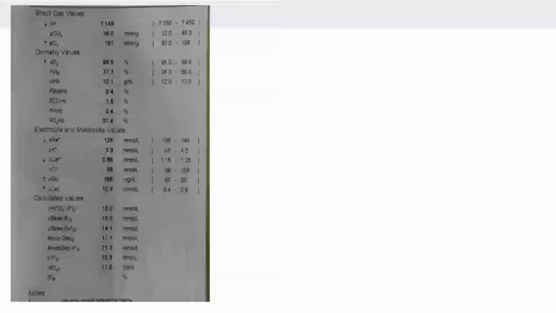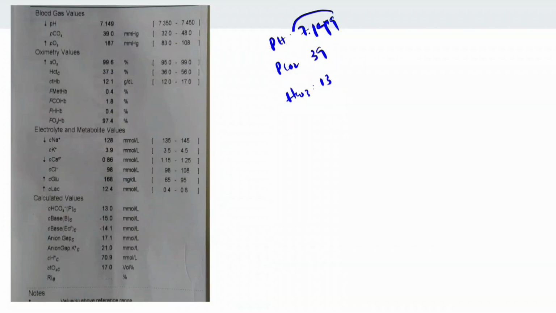So let's look into another example. Here the pH is 7.149, PCO2 is 39, and bicarbonate is 13. We can clearly see the pH is 7.14, which is acidic, and what contributes to this acidic nature is the bicarbonate, which is 13.